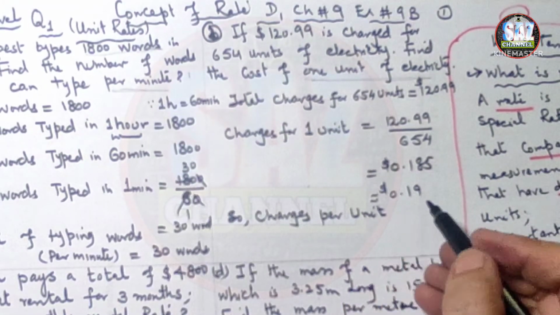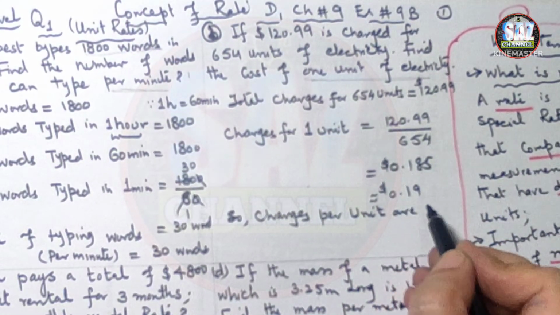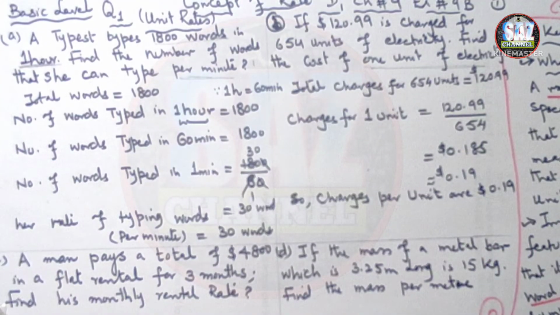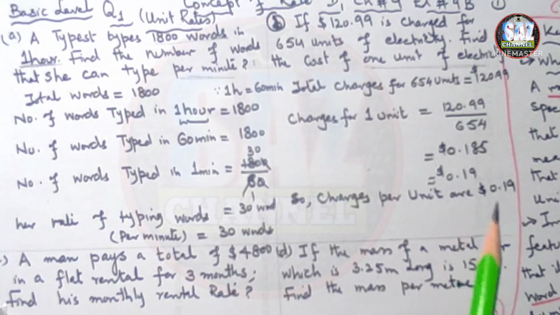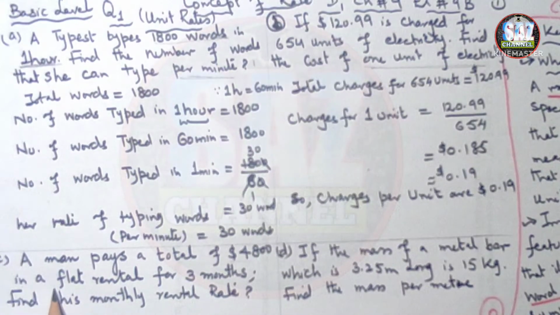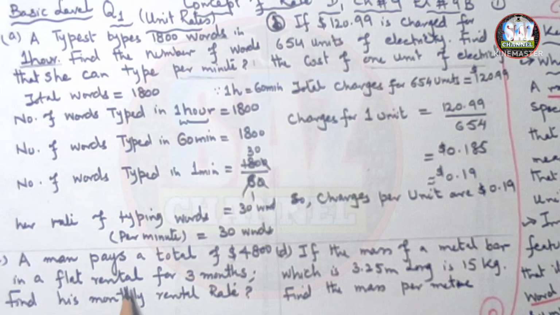Moving to the next question, and that says a man pays a total of 4,800 in a flat rental for 3 months. Find his monthly rental rate.